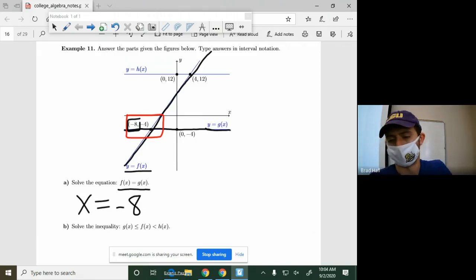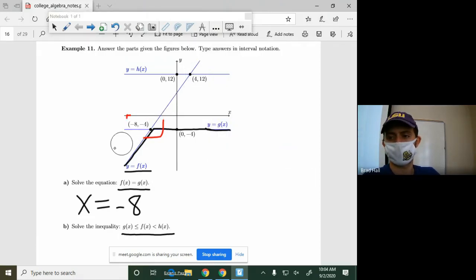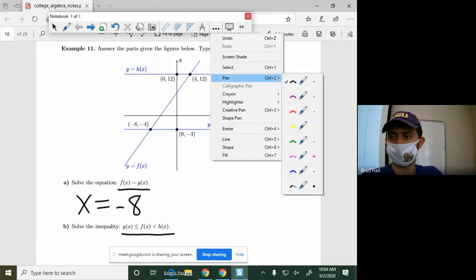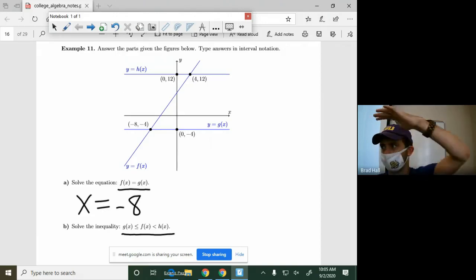We continue with solving this inequality. And the way we solve this inequality, we have to figure out what it's asking. So it's asking for when is the f function, which is the diagonal line, in between the lower horizontal, g of x, and the upper horizontal, h of x.